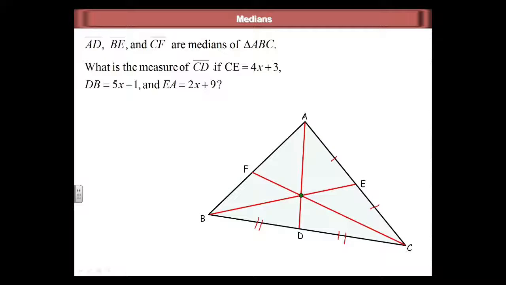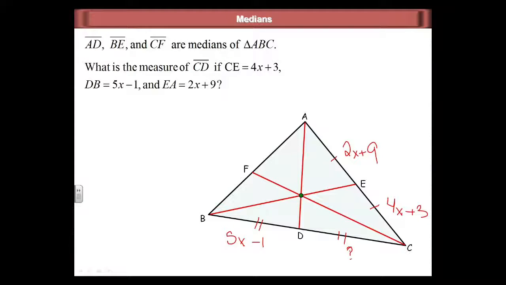So if I look at what I am given, CE is equal to 4x plus 3, DB is equal to 5x minus 1, and AE is equal to 2x plus 9. Well, now I need to go through and find CD.